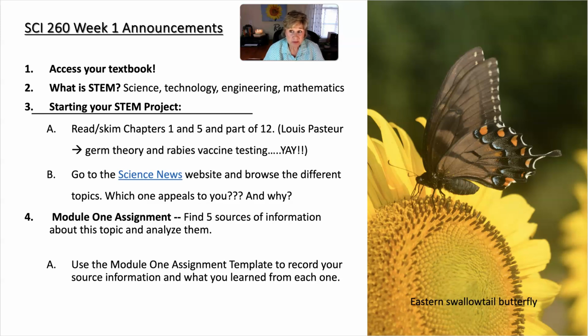So skim means to read very quickly and get the gist of what is there. So chapters 1 and 5 and then part of chapter 12. Chapter 12 basically tells you about the different sciences and pieces of the sciences that you should know, the very basic information from some of the sciences.